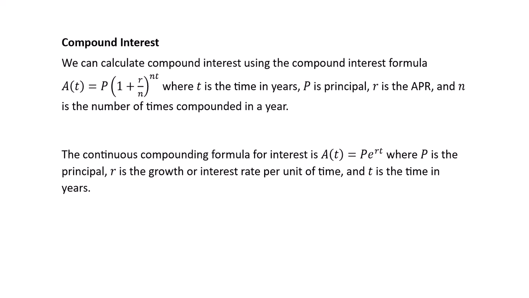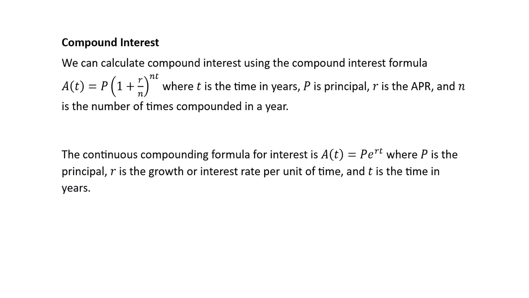We have two compound interest formulas that we'll cover in this section. We can calculate compound interest using the compound interest formula A of t equals P times 1 plus R over N to the NT, where T is the time in years, P is the principal, R is the annual percentage rate, and N is the number of times compounded in a year.